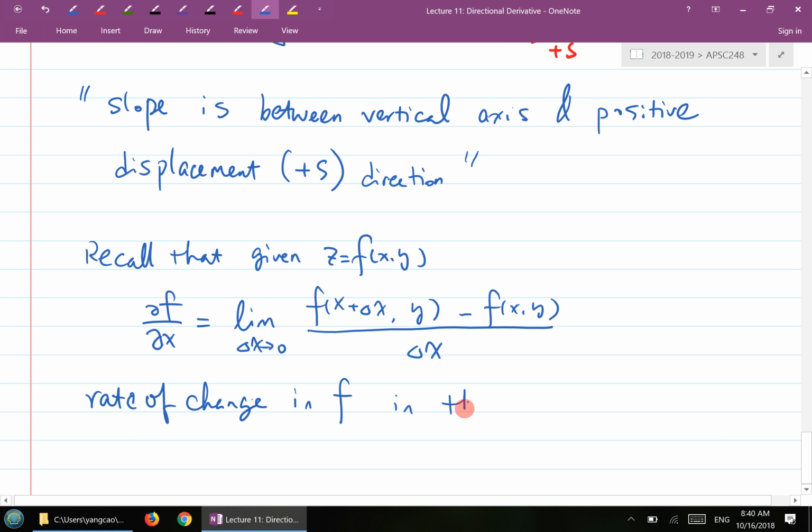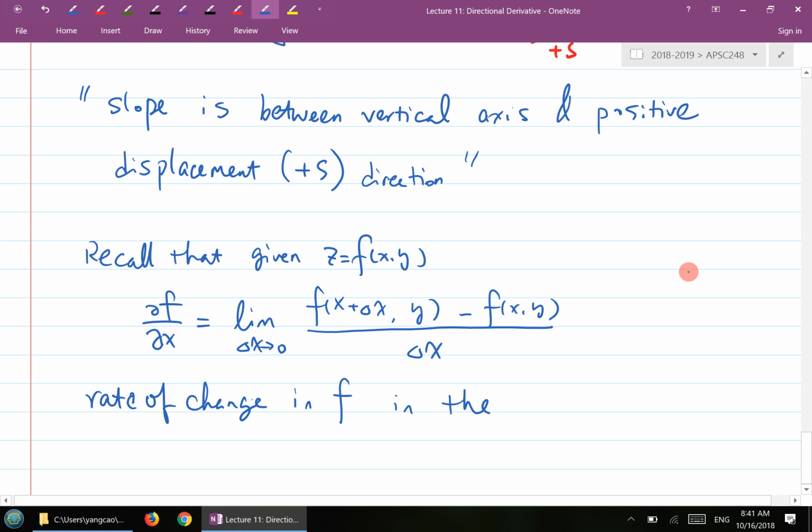In what direction? If you look at it this way, x changes from x to x plus delta x, and y is kept unchanged. So if this is initially x, y, then you're moving from the initial point to where?